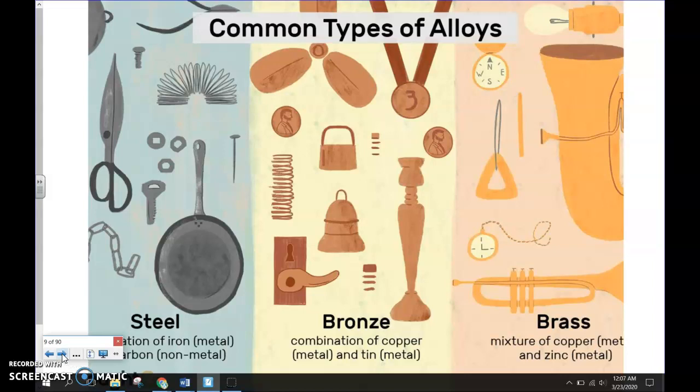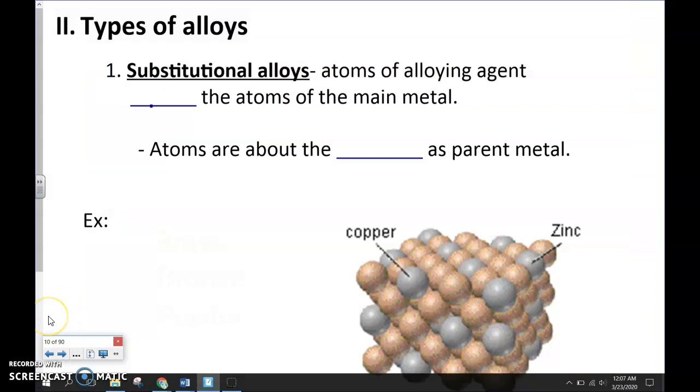Okay, so what are the two main categories of types of alloys? Alloys are created in one of two ways. One would be a substitutional alloy.